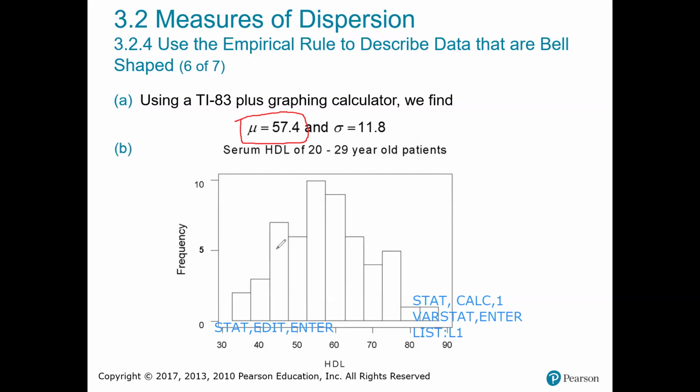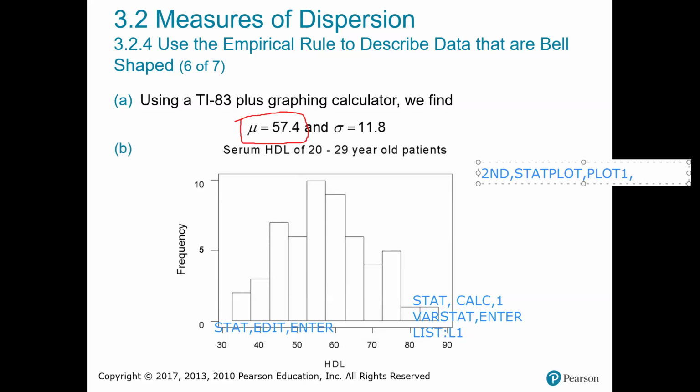Now, this histogram can also be drawn with the stat plot with the calculator, and I'm going to say the directions for that as well. You can try those. On your calculator, there is a second button, and above the second button there is a button called stat plot. So you go to that, and then you choose plot 1.